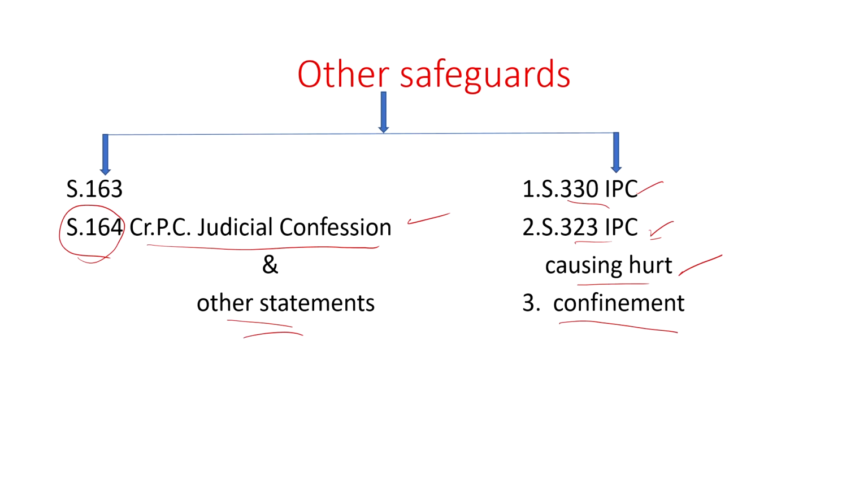Section 164 CrPC talks about judicial confession, where the accused has confessed his guilt before the magistrate. That confession is a very important piece of evidence. This is one aspect of judicial confession.